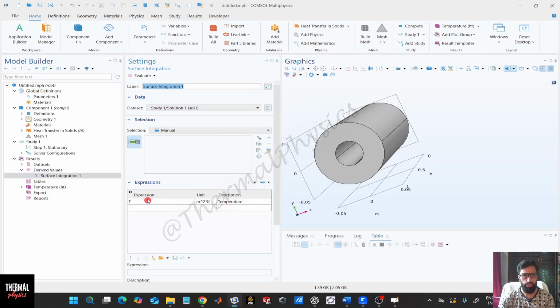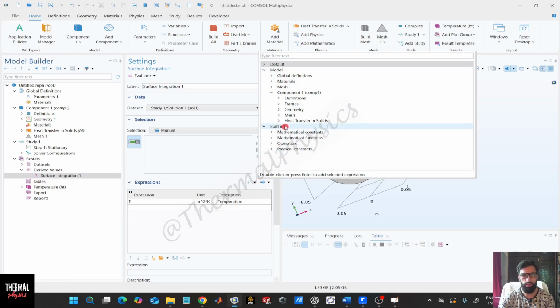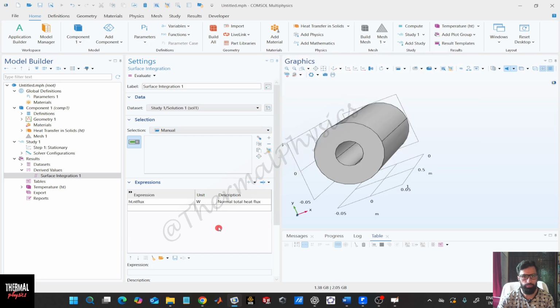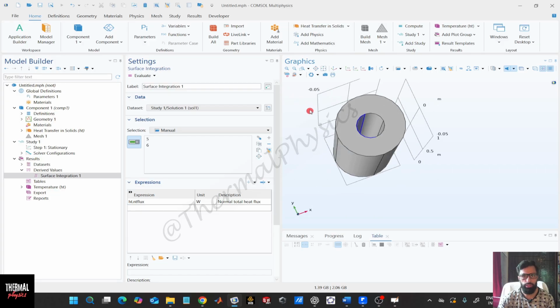So here for the expression we have to choose boundary heat flux. We'll select normal, because we have to calculate heat flux normal to the surface. So normal total heat flux, we'll choose this, and for that we'll choose these inner surfaces.